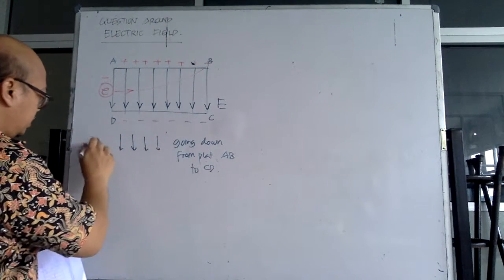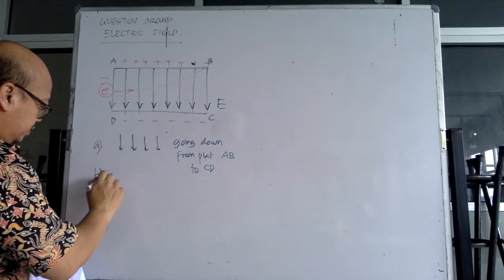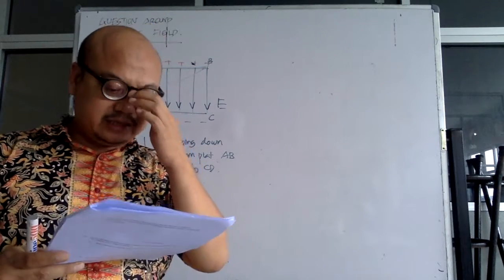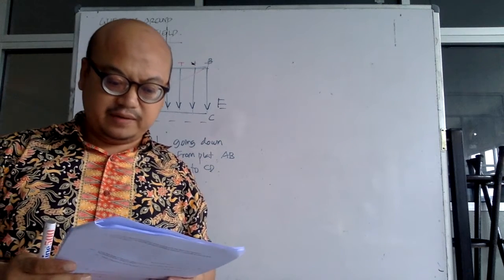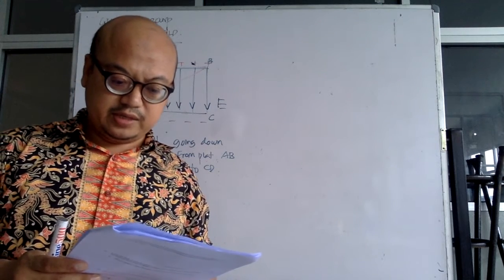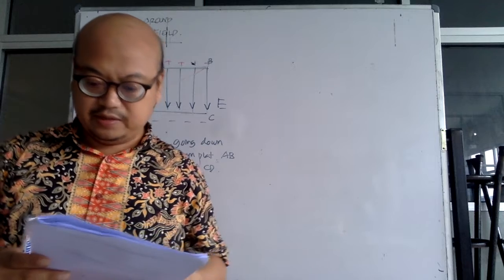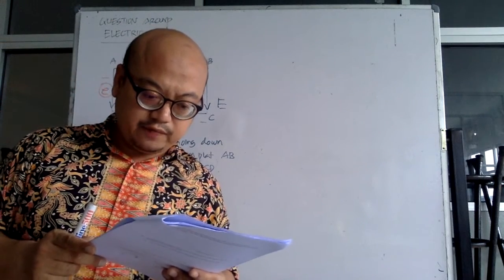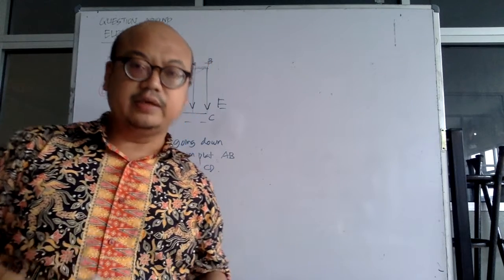On question B(i): the conducting plates are 5.0 centimeters apart and have a potential difference of 150 volts between them. Calculate the force on the electron due to the electric field.